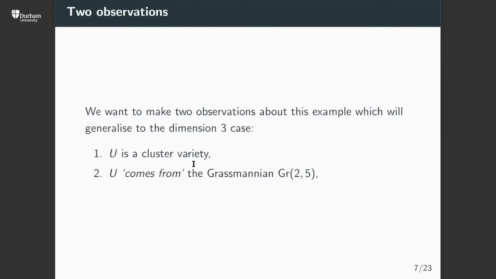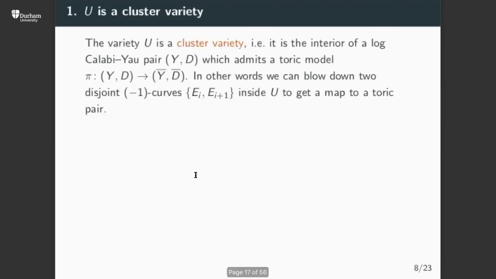It's usually the first thing that you encounter when you look at cluster algebras, and it comes from this A1, A2 quiver. And also, not only is it a cluster variety, but somehow it's related to this Grassmannian Gr25. Actually, it's a special hyperplane section of a Grassmannian Gr25, in a way that I'll also explain. And these are 2 things that I want to generalize in the d=3 case.